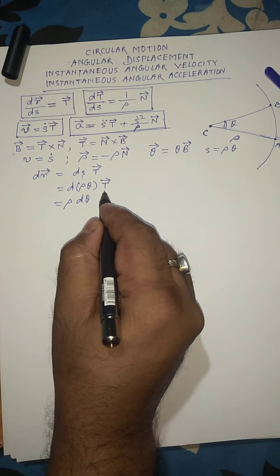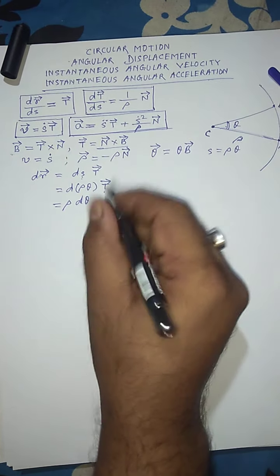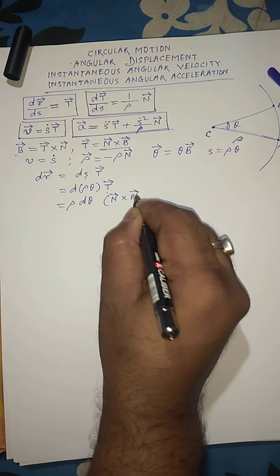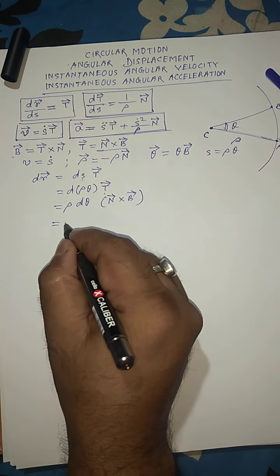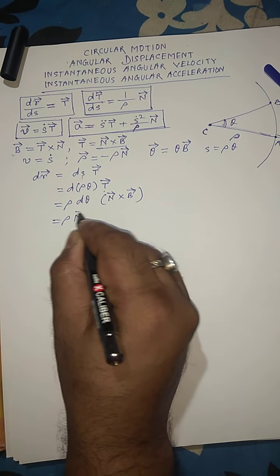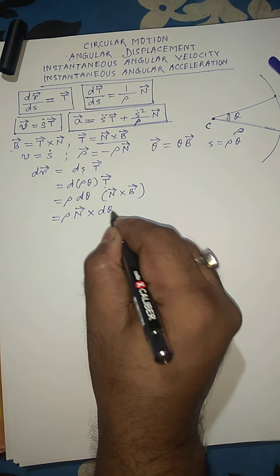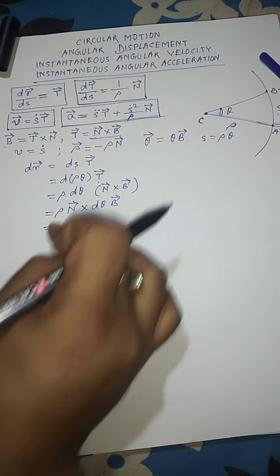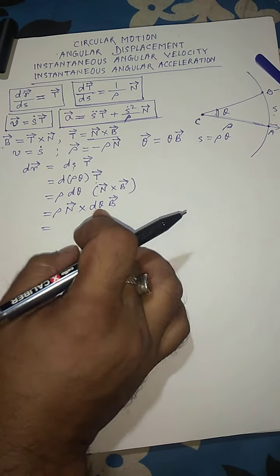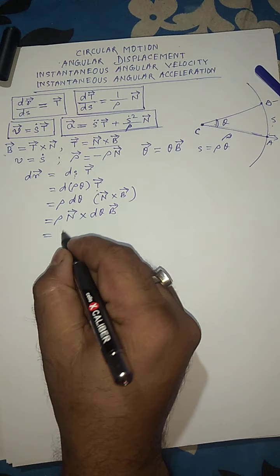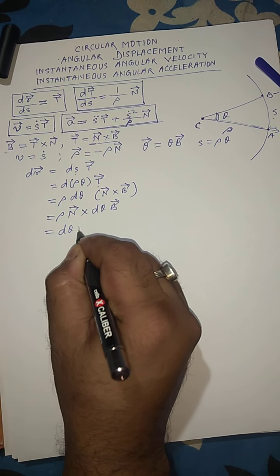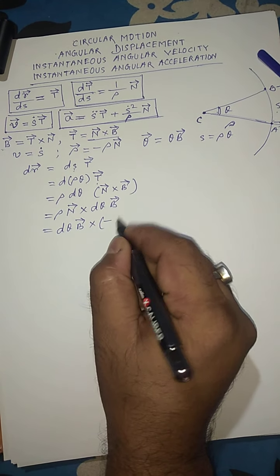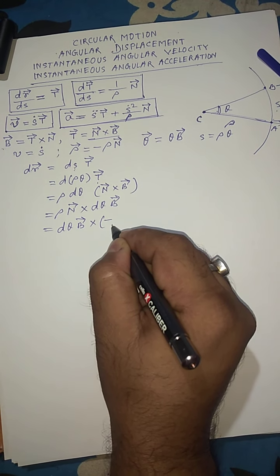In place of unit tangent we can write vector n cross vector b is equal to, we can write rho vector n cross d theta vector b. Now let's exchange the positions of these two vectors. So we write d theta vector b, but we have to give a negative sign, and we put the negative sign here.